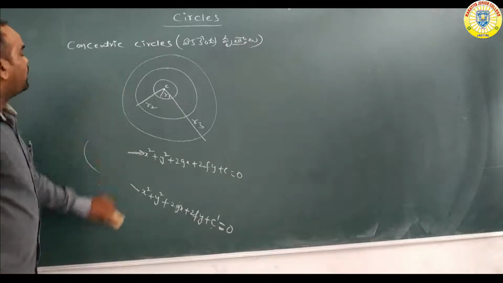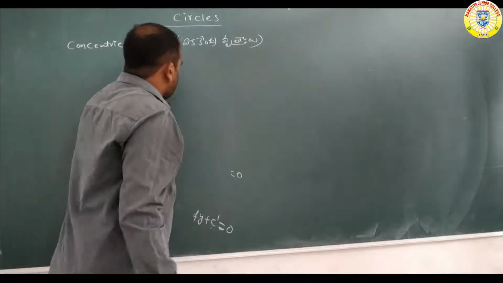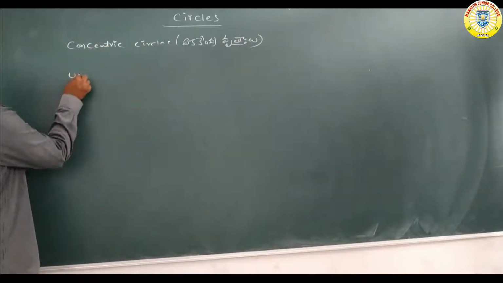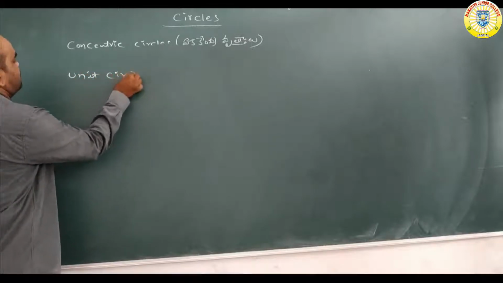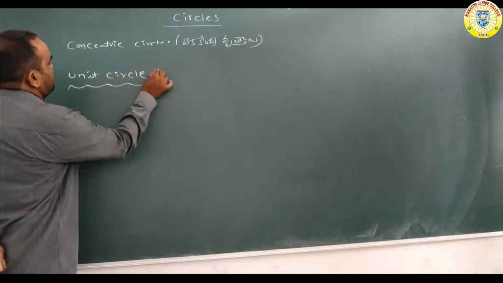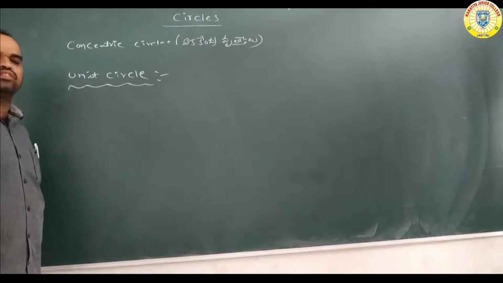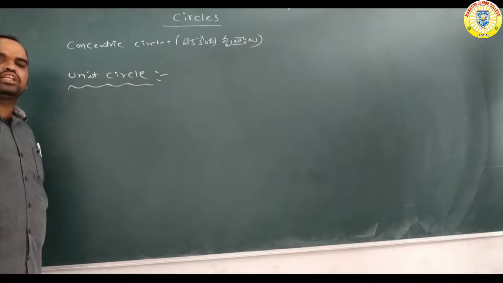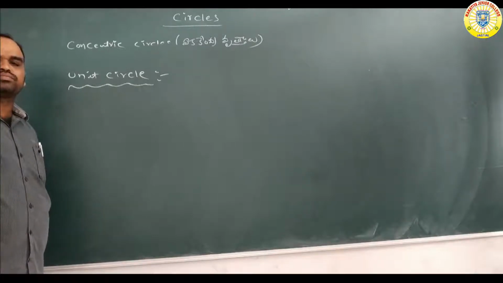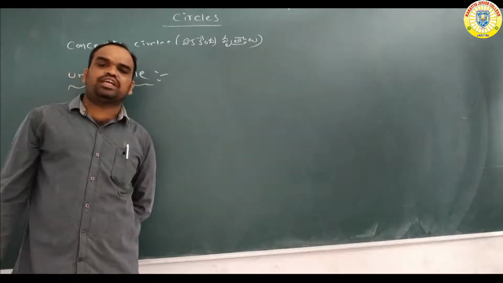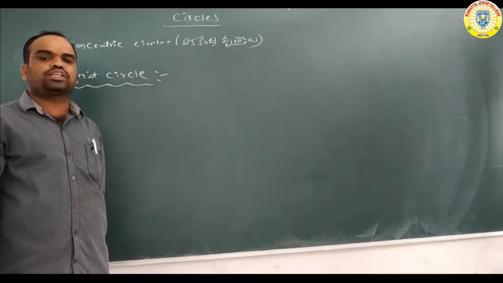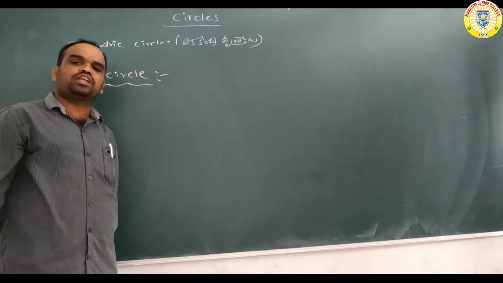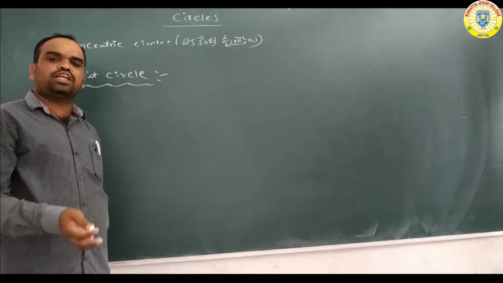Next, unit circle. What is the definition of the unit circle? A circle having the radius of 1 unit is called a unit circle. If the radius of the circle is 1 unit, then the circle is called a unit circle.